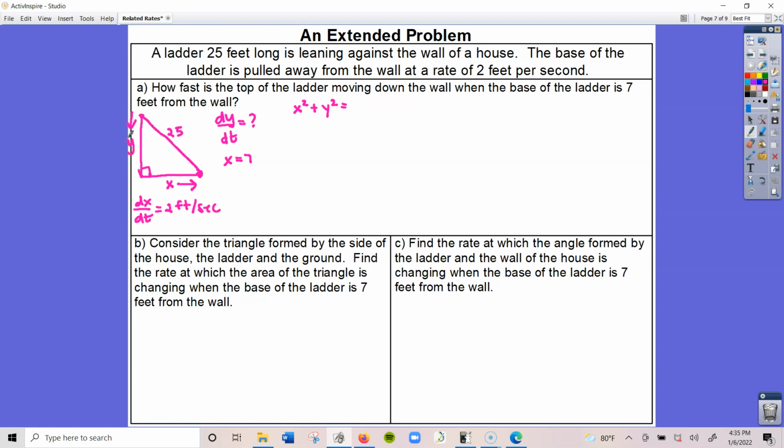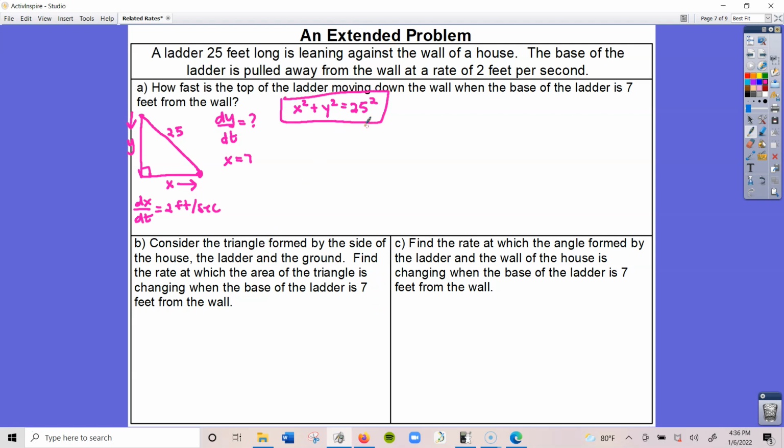My x and y are always changing because the ladder is moving sideways and down. However, the length of the hypotenuse, which is the length of the ladder, is not going to increase or decrease. The ladder is a constant. It is 25 feet and it's not going to change. So I can plug in 25 squared. This is the equation I'm going to use.